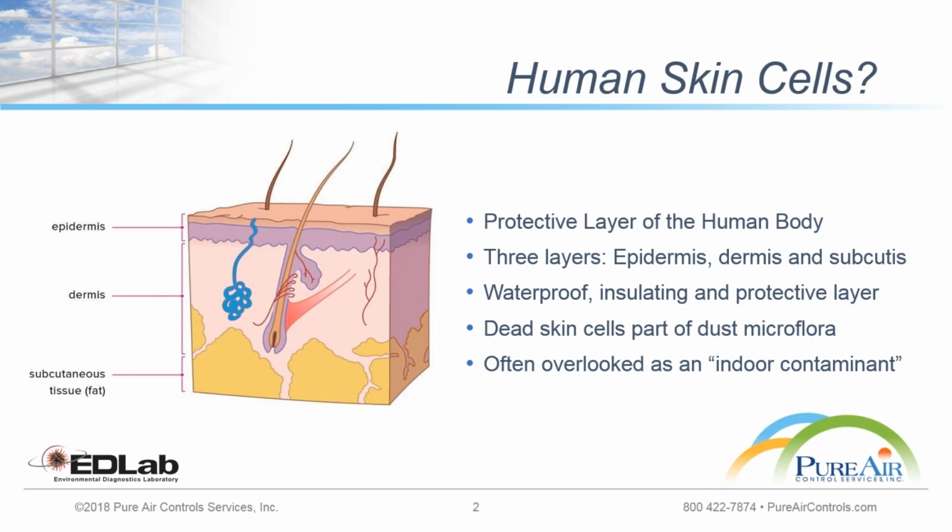So this is the structure of the human skin. The skin forms the protective layer of the human body, it also insulates our body from external forces or external causes, and it is also waterproof.